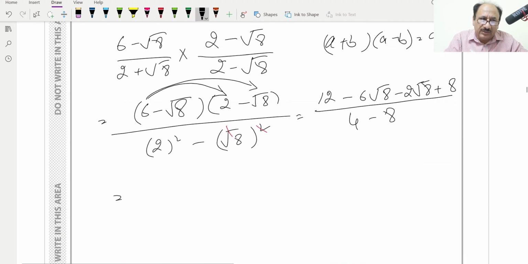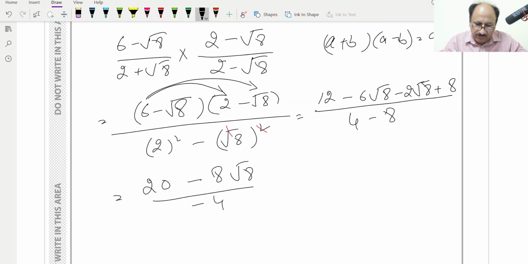This will be 12 plus 8 will be 20, so we can write 20 and minus 8 under root 8 over minus 4, and further we can take minus 4 common.